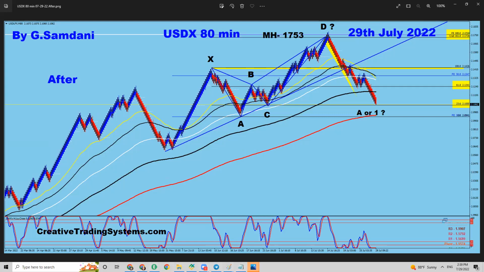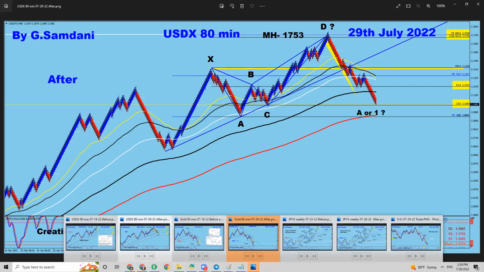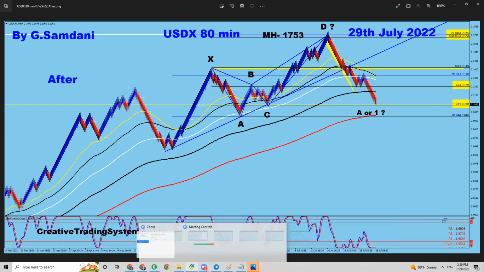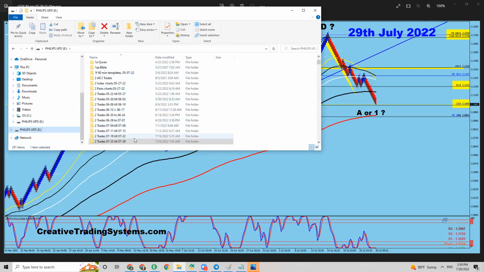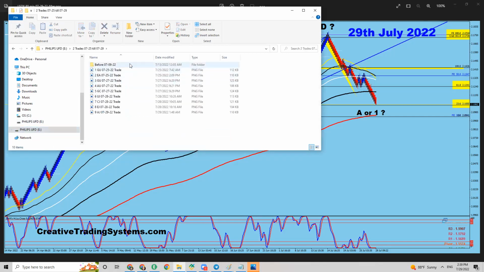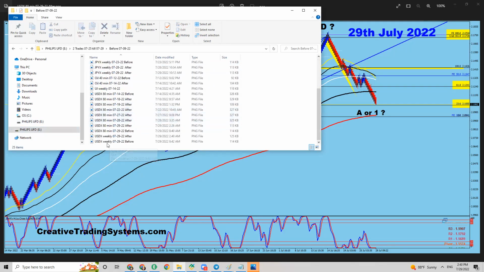Let me see if I have the weekly chart. This is yen and USD. Let me quickly see if I can get that weekly chart. USD before... no, that's not the one.